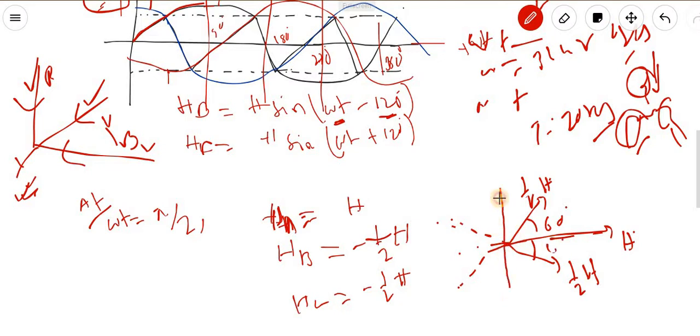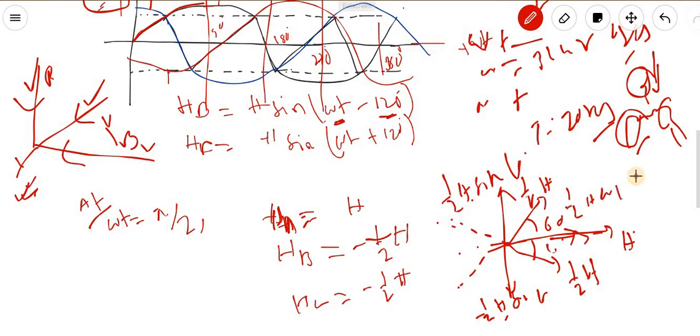Now we are taking a component. So for this, how much will be the component? Here half is sine 60 degrees. Here also half is sine 60 degrees. So this component and this component will cancel out, and here how much will be? Here another two components will be there. For this half is cos 60 degrees, and for this half is cos 60 degrees.